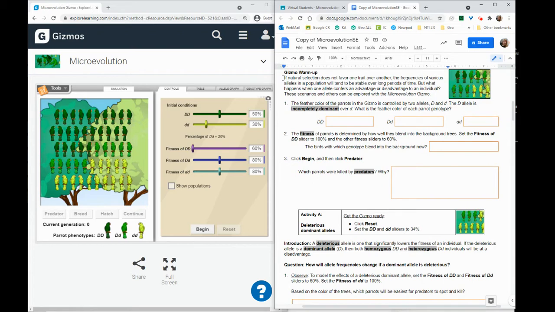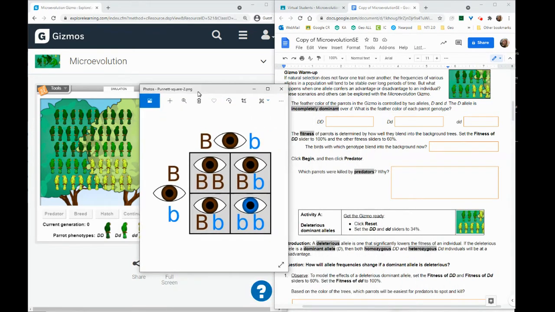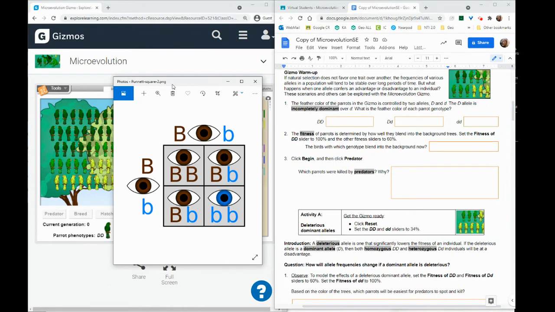Well, you can have alleles, so alleles being different forms of the same gene. You can have alleles that have neutral differences. They're different, but there's not an advantage or a disadvantage of one compared to the other. So brown eyes versus blue eyes, that would be a good example here, okay? Those are two alleles for eye color.